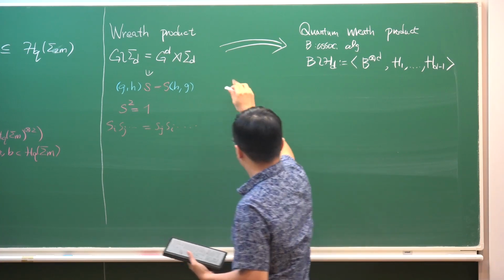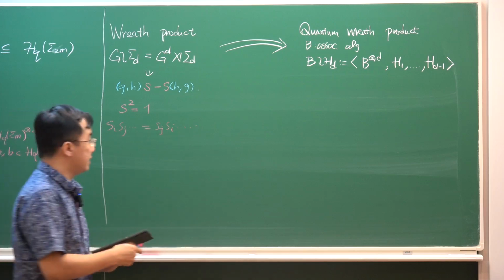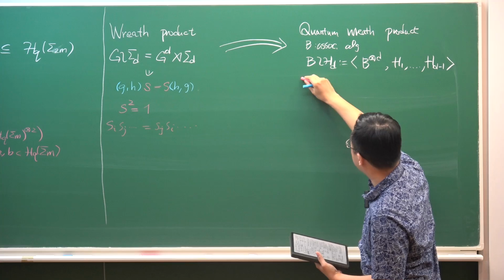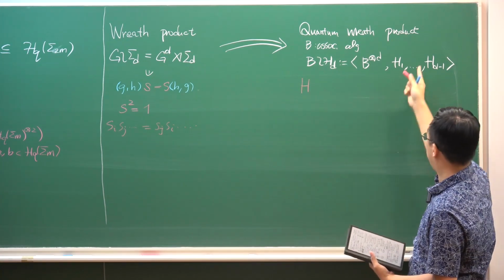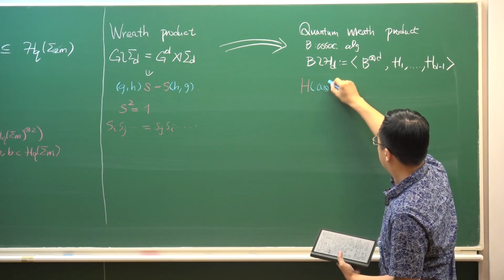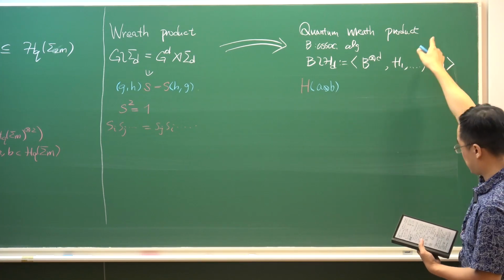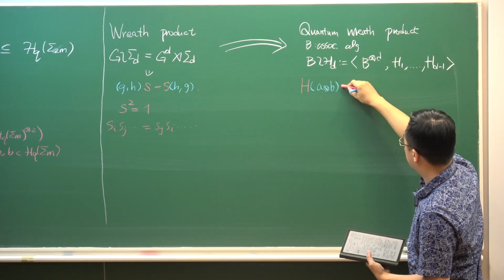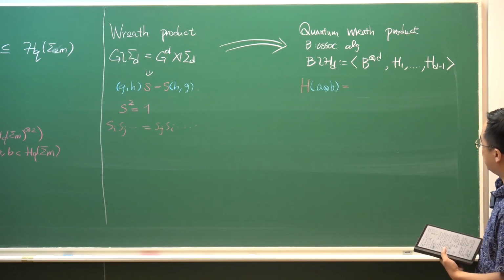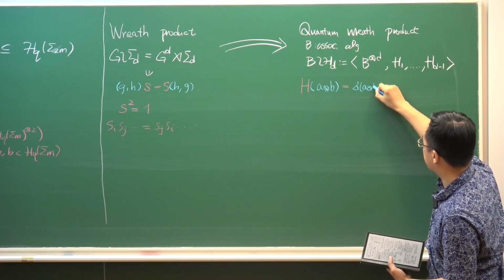And then for this Wreath relation, you really need to deal with a local relation like this. You have H and an element a tensor b lying in B tensor 2. Then when you pass H to the other side, you create a new coefficient.